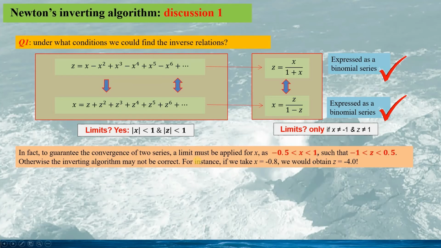For instance, if we take x equaling -0.8, we can obtain z equaling -4.0. Obviously, in this case, the first series is convergent, but the second series is divergent. Therefore, such an inverting algorithm is not correct.